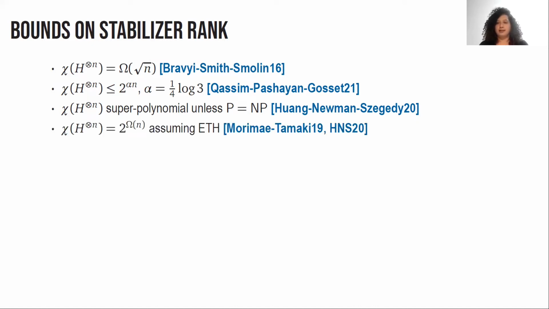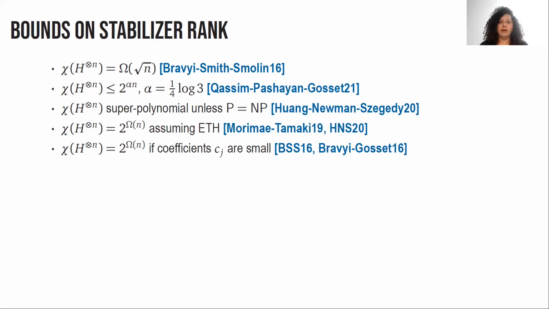We know that the stabilizer rank is indeed exponential, assuming the exponential time hypothesis, due to Mori and Tamaki from 2019 and HNS again. And we know that the stabilizer rank is exponential if the coefficients that we use in the linear combinations are small. So the stabilizer rank is the minimal R such that psi can be represented as a linear combination of R stabilizer states.